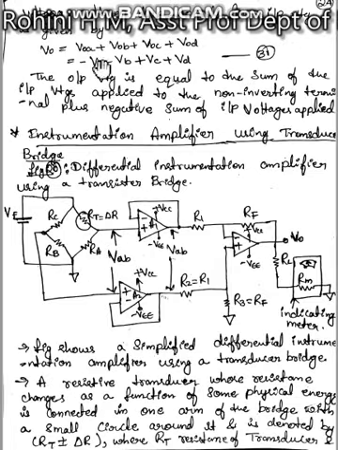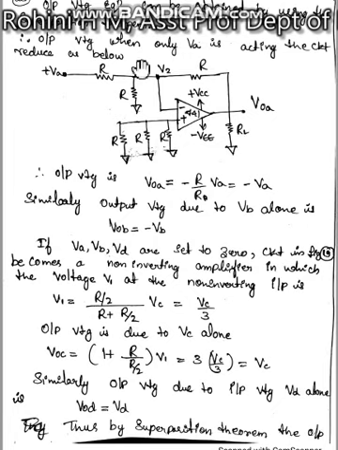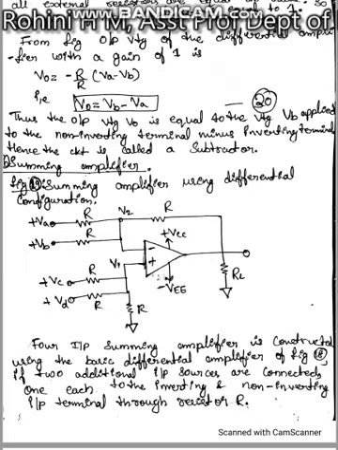So the output expression is now this, which is nothing but our summing amplifier circuit. It just does the algebraic sum of the inputs that are applied.